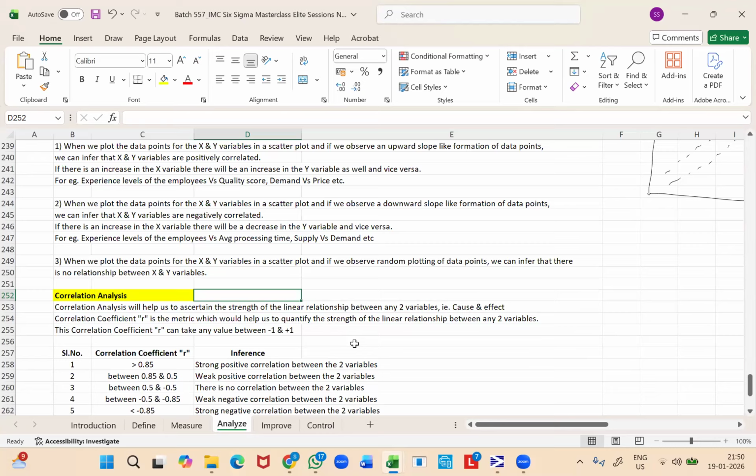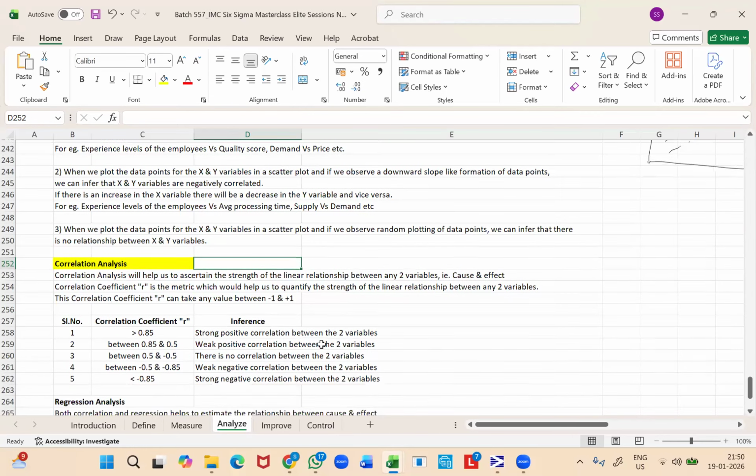So when the r value is closer to +1, we can say that the two variables are positively correlated. On the other hand, if the r value is closer to -1, then we can say that the two variables are negatively correlated. But when the r value is closer to 0, then we will say that there is no correlation existing between the two variables.